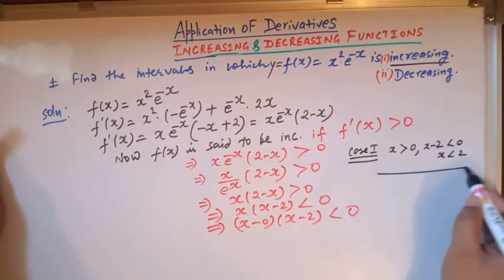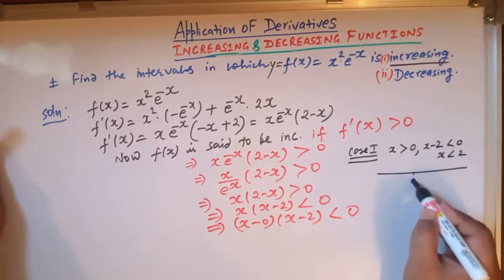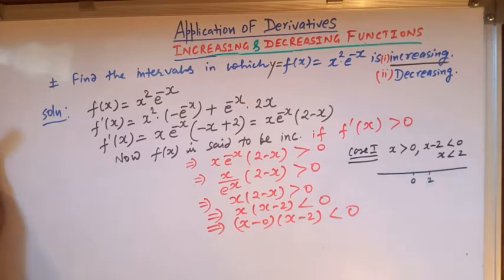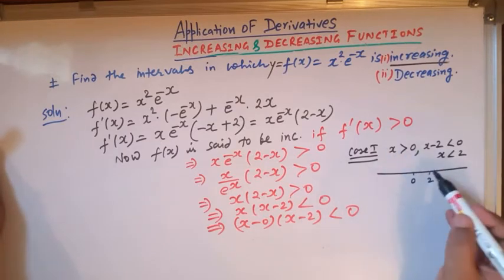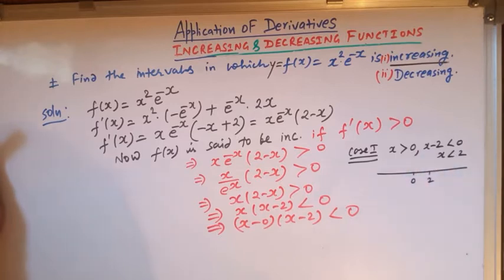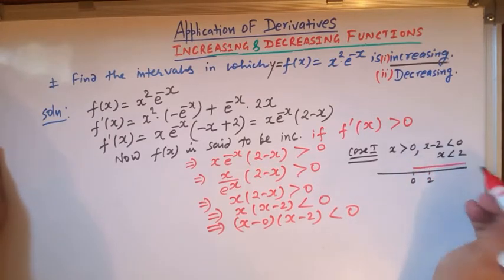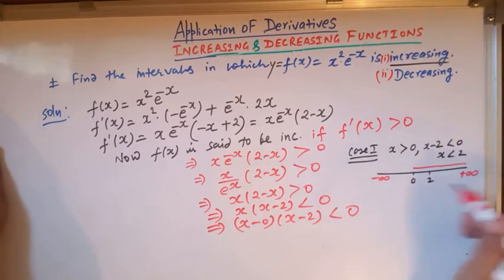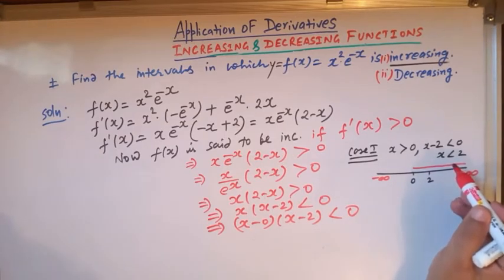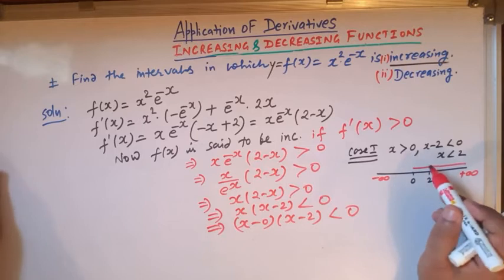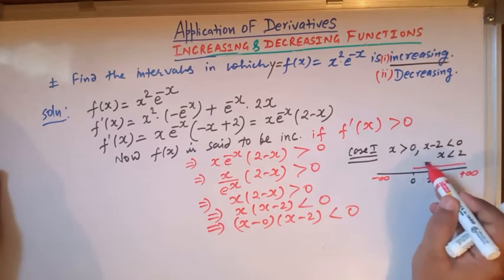Now if we plot it, this is 0, this is 2, and x greater than 0 implies this region. Here we have minus infinity, here we have plus infinity. And x less than 2 implies this region.